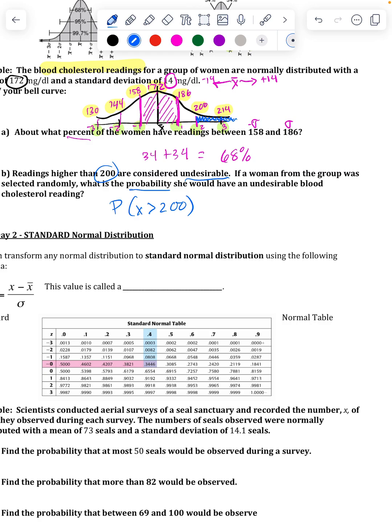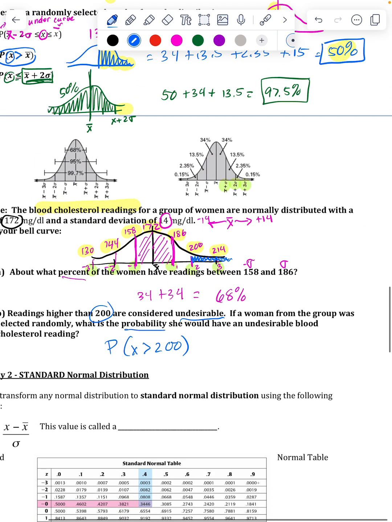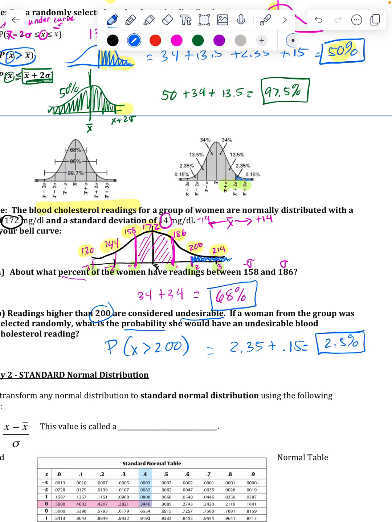So if I'm going to do those last chunks, I'm looking at the part here and here. So I'll be taking 2.35% and add it to 0.15%, sorry. So you end up with a 2.5% probability of being in that section, where there was a 68% up here.